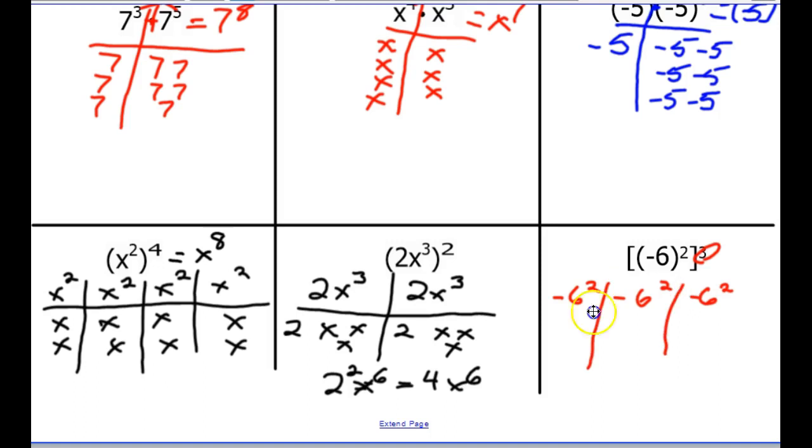Now this is telling us how many negative 6's we have. So we have 2 negative 6's in all of these. We'll have 1, 2, 3, 4, 5, 6 negative 6's. So our answer then is negative 6 to the 6th power.